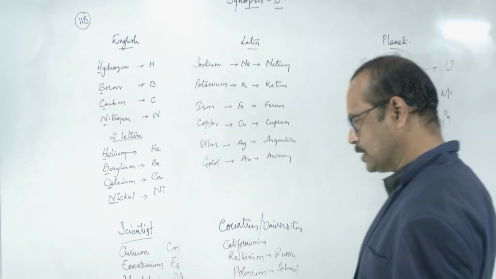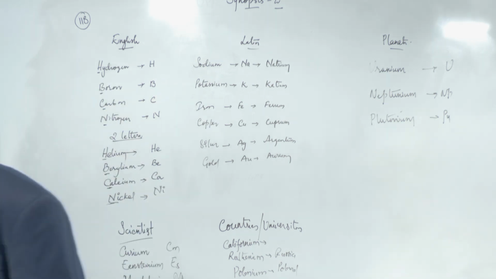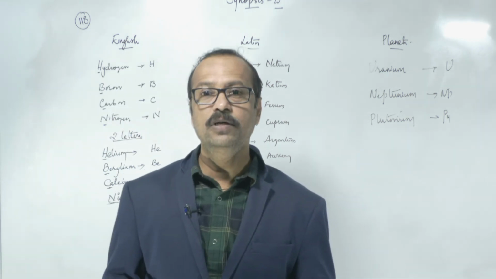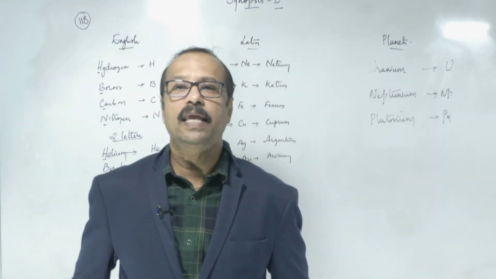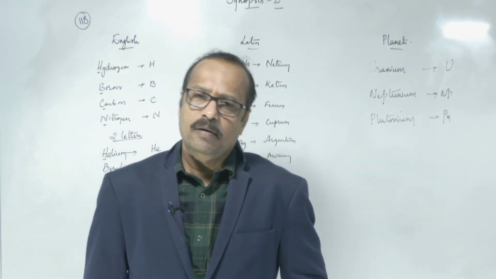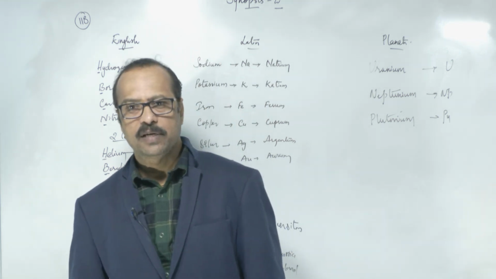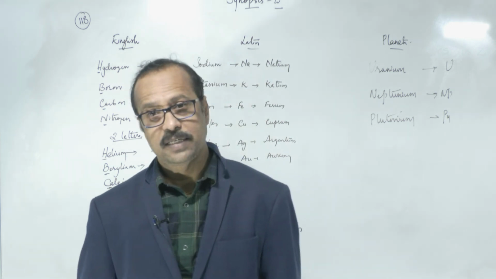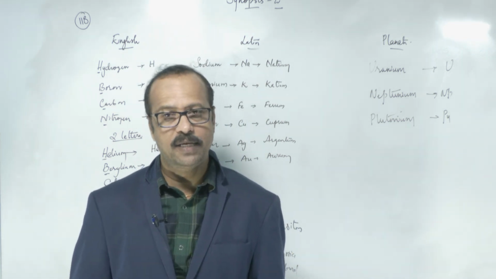Okay, so these are the symbols given after the planets. Right, students? So like this, 118 elements' names are given based on different factors like English names, Latin names, scientist names, countries' names, universities' names, planets' names, etc.